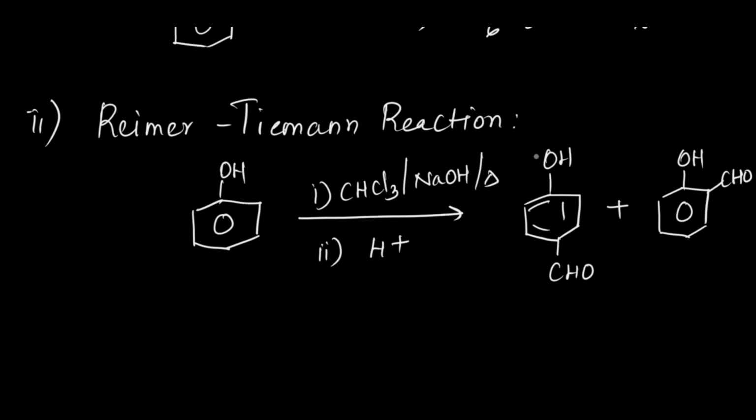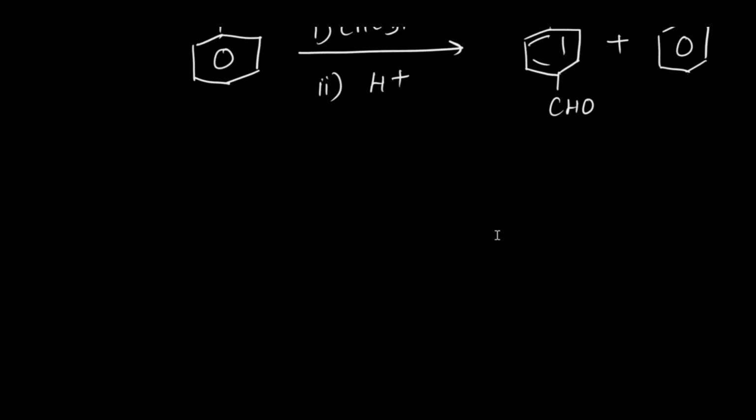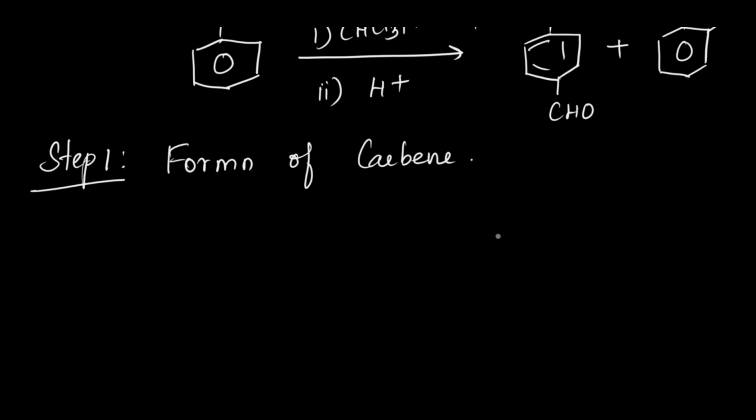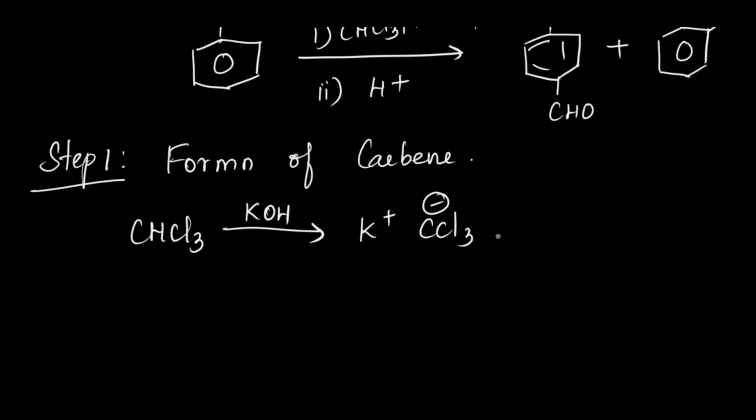Okay, so for this reaction alone, I would like to tell you the mechanism also, because this can be asked in several ways. The first step, formation of carbene. First, I am taking CHCl3 with KOH, that is producing K plus with CCl3 minus.